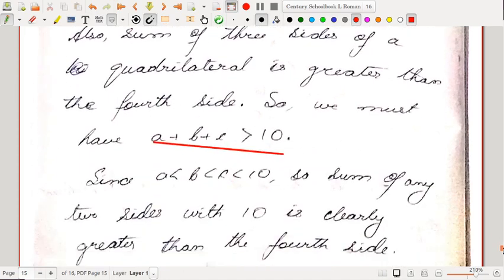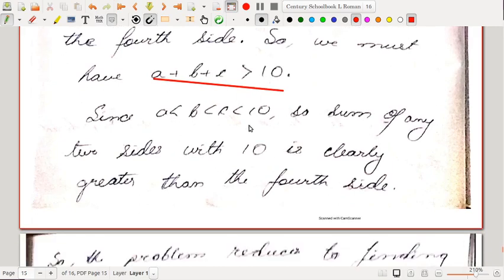Since A less than B less than C less than 10, if we take 10 as one of the sides and add up the other 2 sides, that sum will be automatically greater than the 4th side. We don't have to worry because 10 is the largest side. We just need to worry about this one.